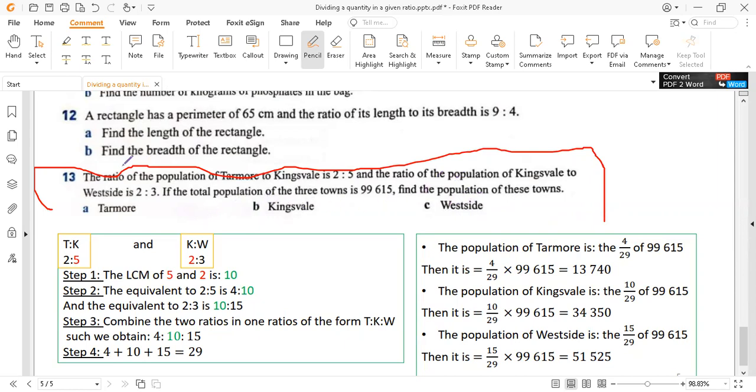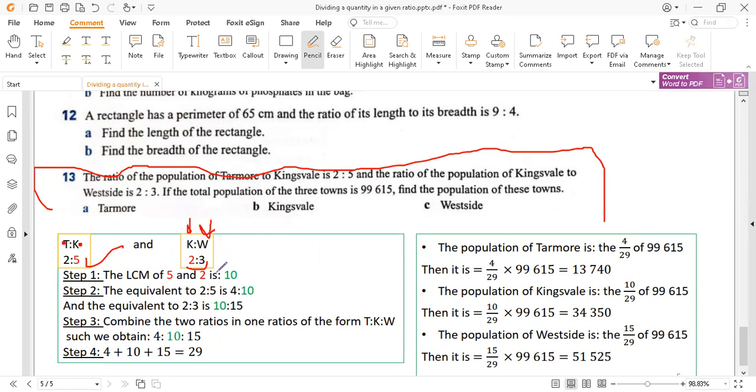So first of all, the ratio of the population of Tarmor to Kingsville is 2:5. Good. And the ratio of the population of Kingsville to West Side is 2:3. We have here 2 independent ratios.